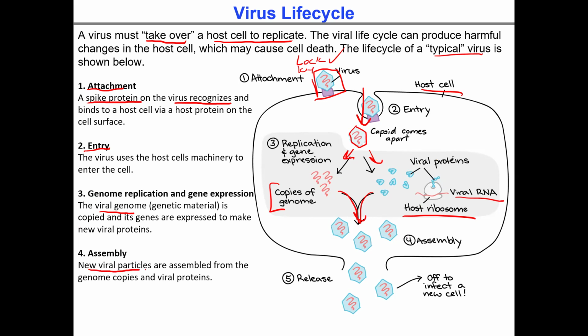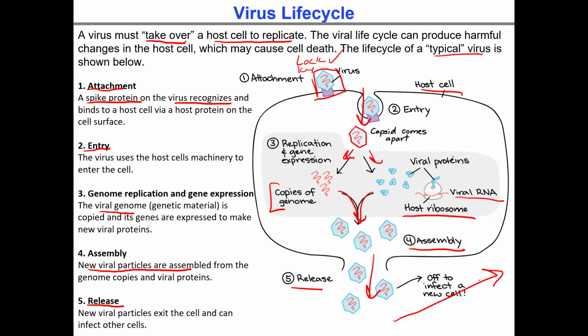So now all of the new viral particles are going to assemble, and they're going to get ready to exit the cell. And this is going to be known as release. So all of the new viral particles are going to exit and release. They're going to break out, and then they're going to go off and try to find new host cells to infect. So this is going to be a complete big cycle.